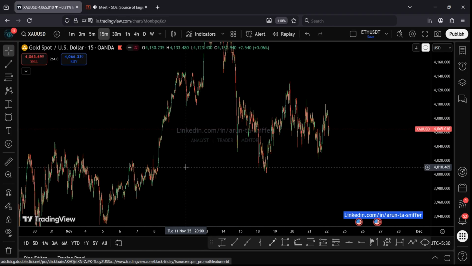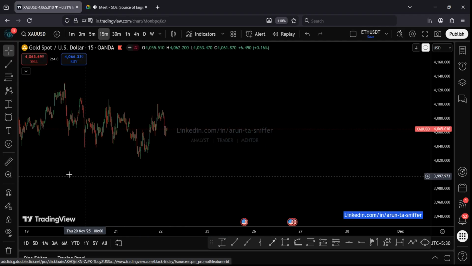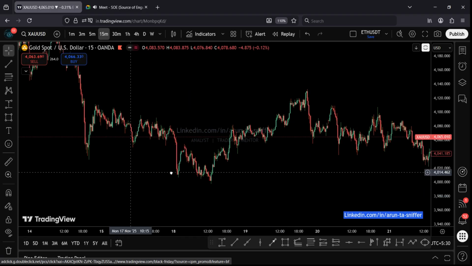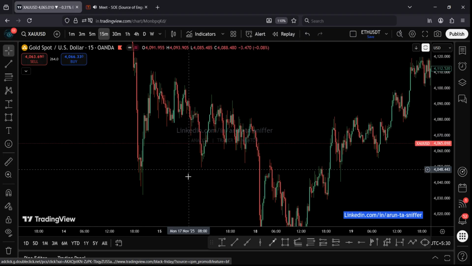So now let's see our compression, LS target in compressions. So here we have a price falling back.